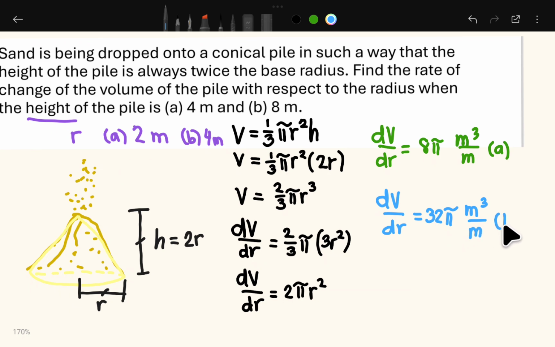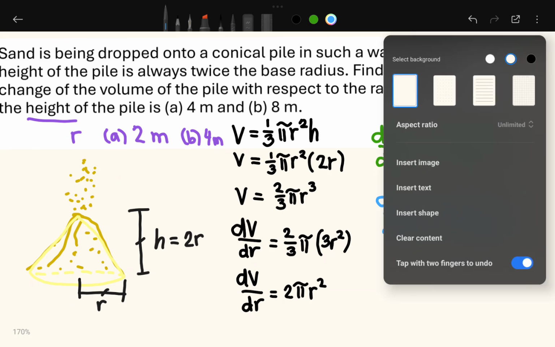So this is for letter B. Alright. So apologies. Always be mindful of the given dimensions. Always be careful to see which it refers to. So let's have our other example.